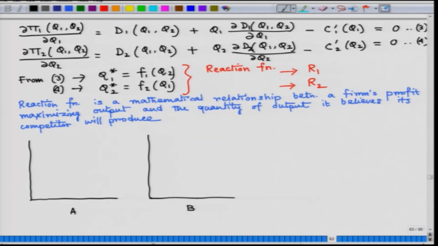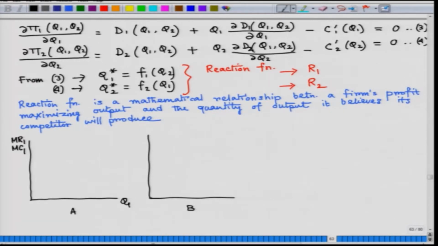So, in panel A diagram we are going to measure the marginal revenue and the marginal cost of duopolist 1, and we are going to measure output of the duopolist 1. Now, note that we have already said that the duopolist problem becomes a monopolist problem, and so we are going to find farm 1's equilibrium by equating marginal revenue and marginal cost, right.